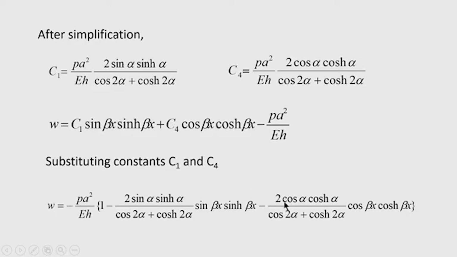Then the other term is 2 cos alpha cos hyperbolic alpha divided by cos 2 alpha plus cos hyperbolic 2 alpha into cos beta x cos hyperbolic beta x. So, you now get the complete equation of the deflection.